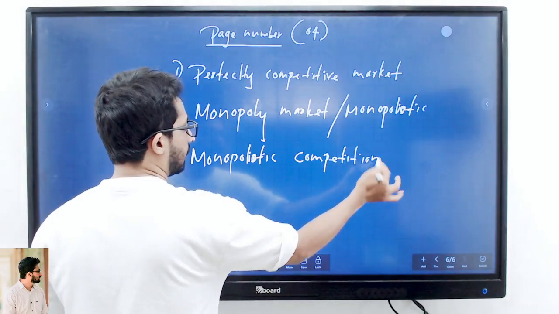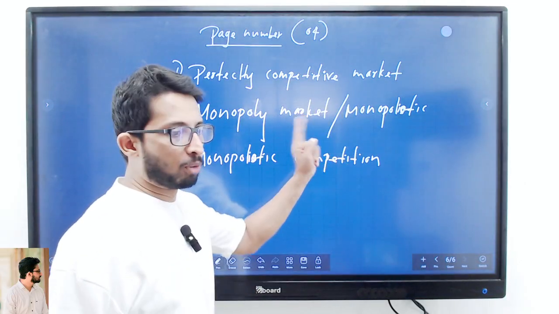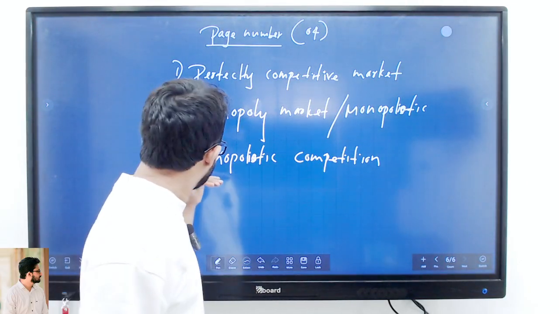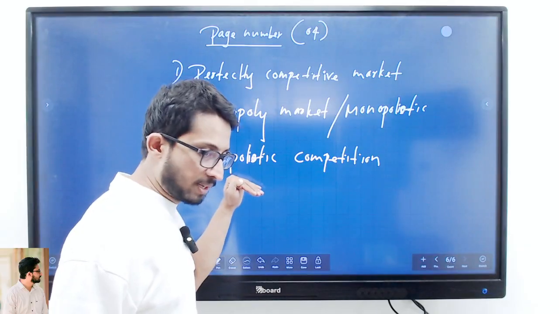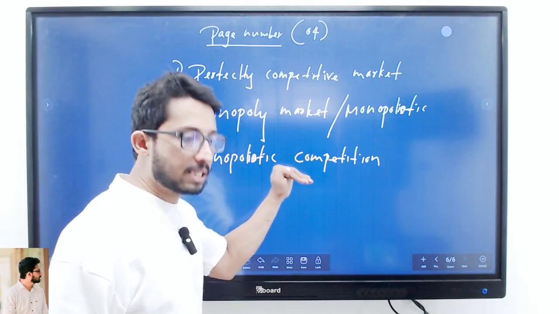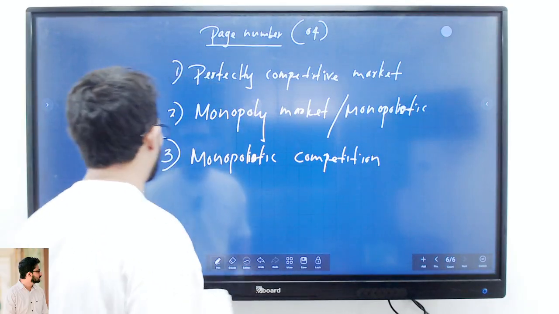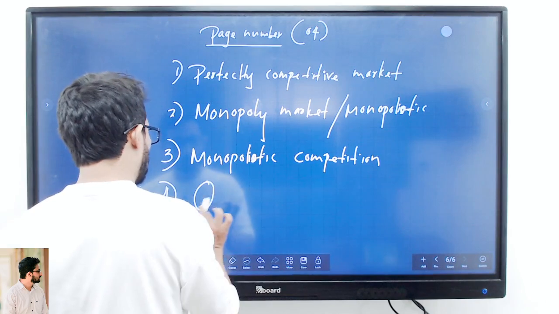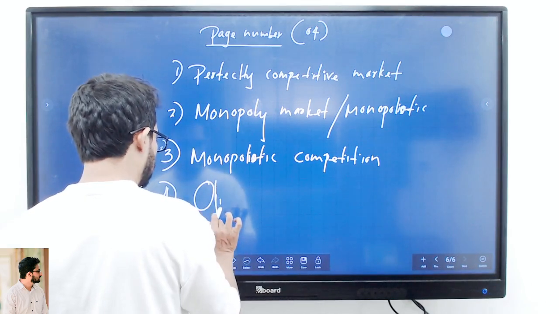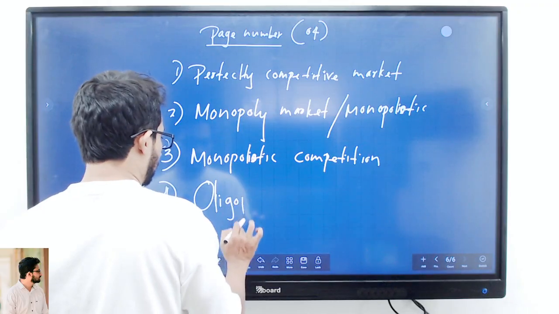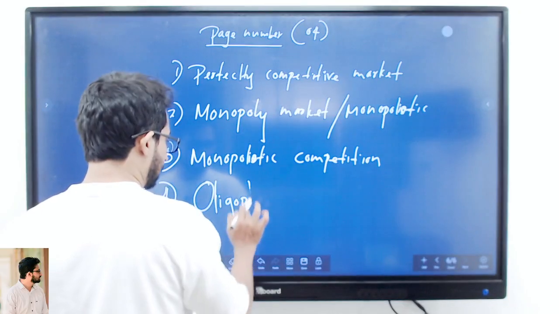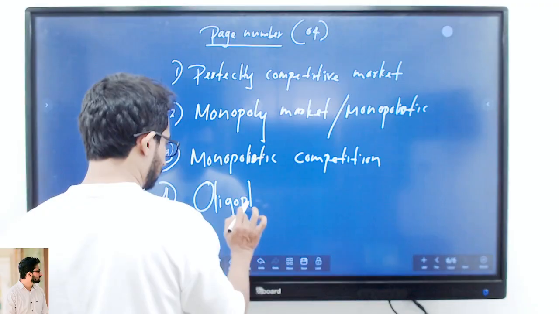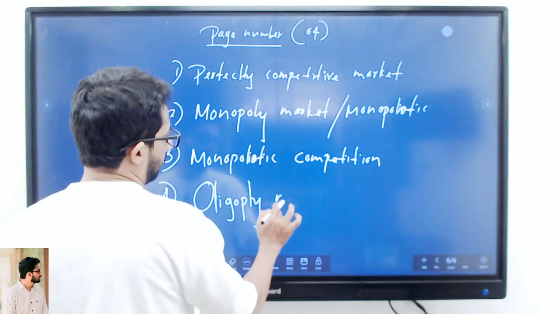The second one is monopoly or monopolistic. The third one is not monopolistic, but there is another one, monopolistic competition. Last one, oligopoly. The last market structure is the oligopoly market.